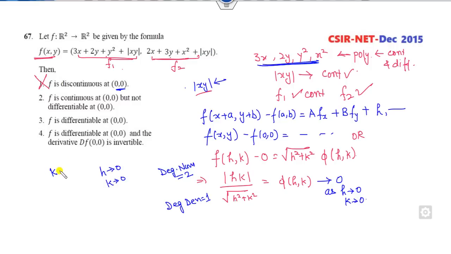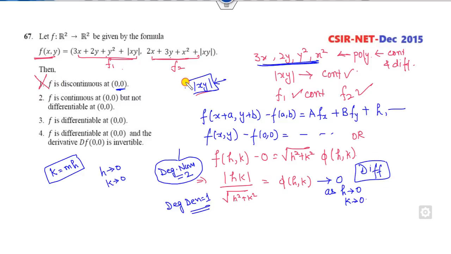Otherwise, you can simply take the path k equals mh and prove it again, but there is no need. Once the degree of the numerator is greater than the degree of the denominator, this will always go to 0. So the limit exists, which means |xy| is differentiable. All are differentiable, so f is differentiable. The option saying f is not differentiable is cancelled out.